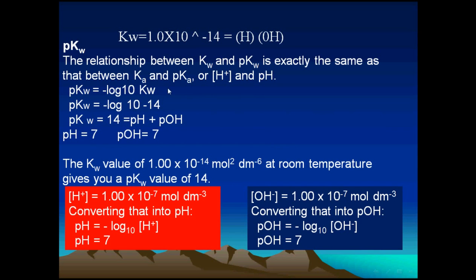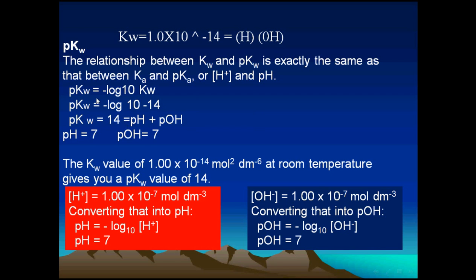It means that we are dealing with this dissociation constant, 10 to the minus 14, equals hydrogen times hydroxyl. If we take the power of this dissociation constant, the pK, which is the negative logarithm of that, pK will be 14.